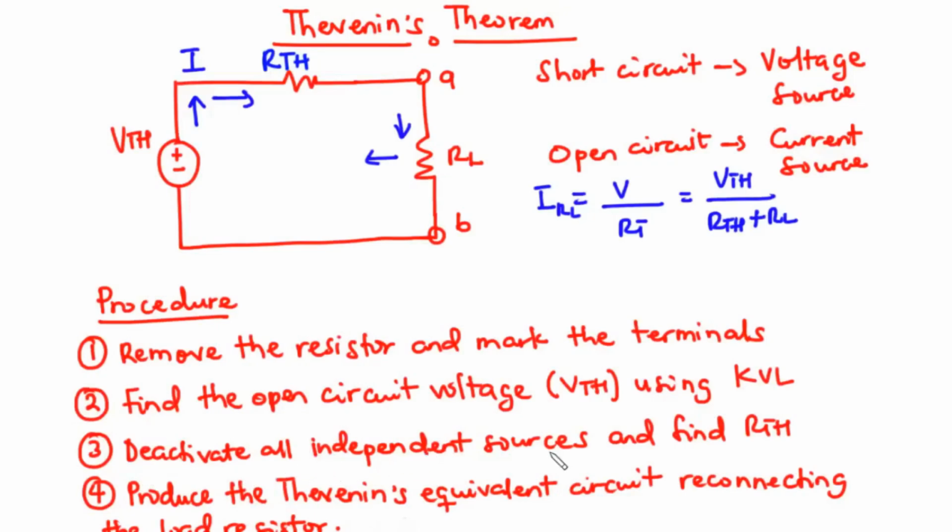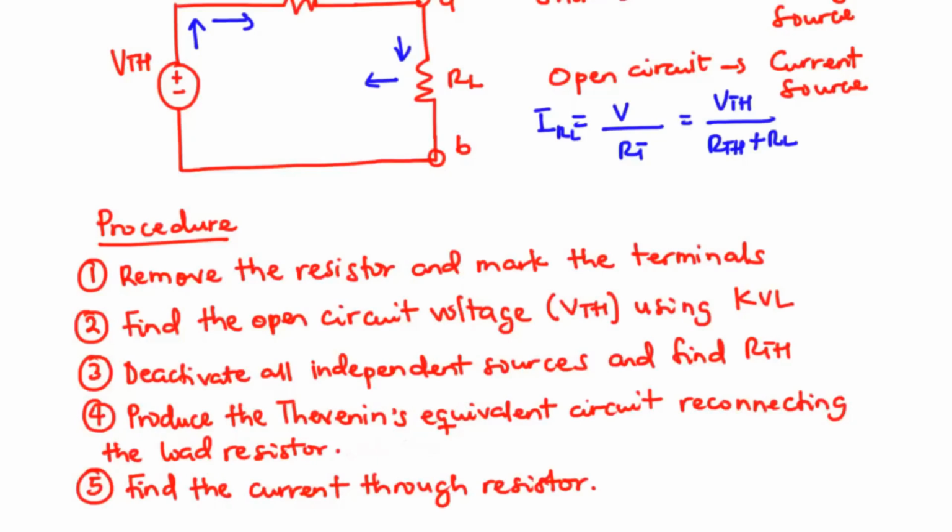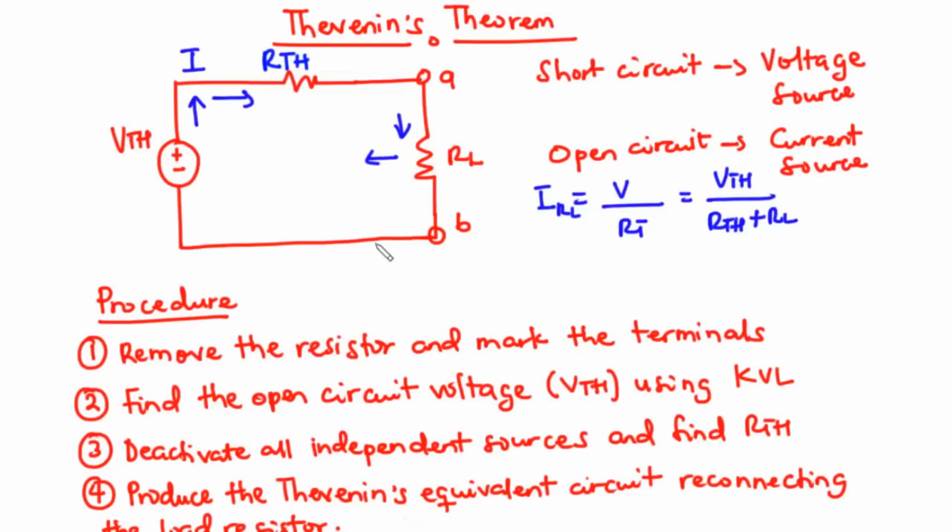And then thirdly, we have to deactivate all the independent sources and find RTH. While deactivating the independent sources, we short circuit all voltage sources and open circuit all current sources. Next, we produce the Thevenin's equivalent circuit by reconnecting the load resistor.